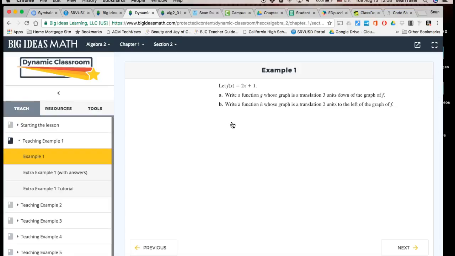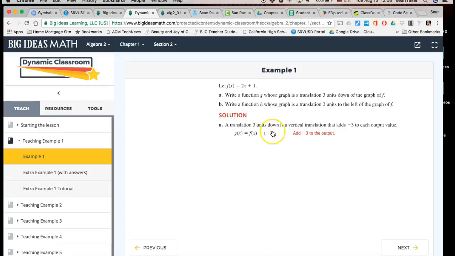The easiest way to do this, I always find, is to write our function in terms of f of x still. So translation 3 units down, we're adding negative 3, so we're subtracting 3. Our new function is just going to be our original function minus 3.